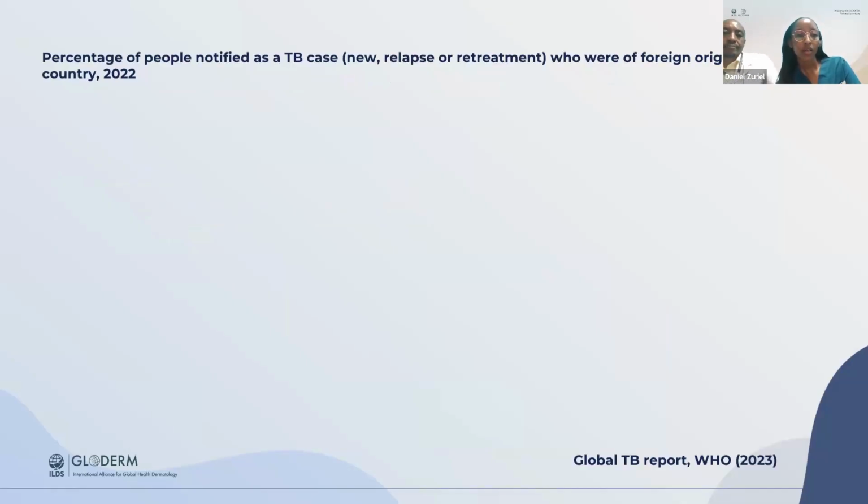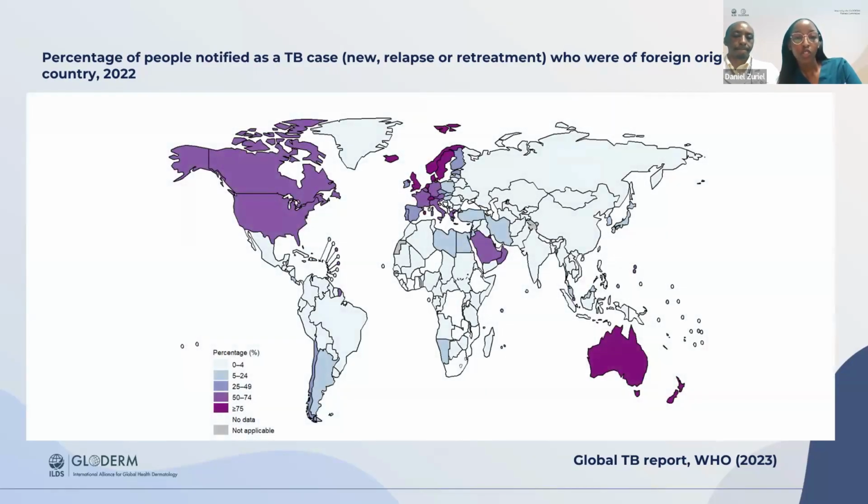Another example is the global report by WHO in 2023, which showed that in North America, more than 75% of the persons who were diagnosed with tuberculosis were immigrants.